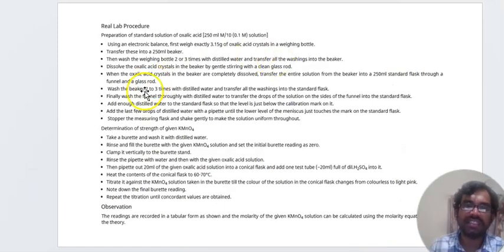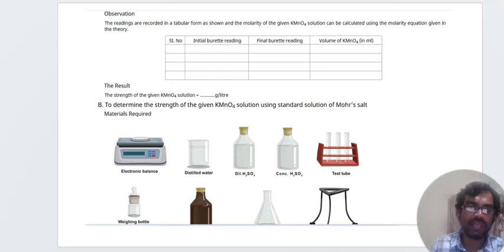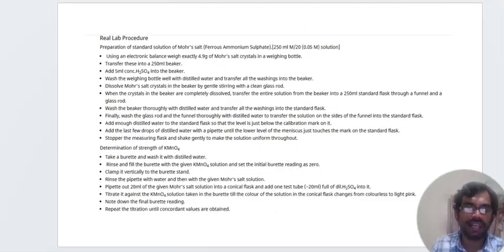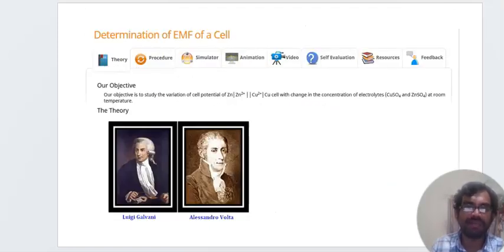So you can see this is the real lab procedure for the preparation of standard solution of oxalic acid in 250 ml at 0.1 molarity. These are the points we need to follow, and this is the determination of the strength of this compound. And you can see this is the observation table, and this is our real lab, and this is another one, EMF, how to find out.